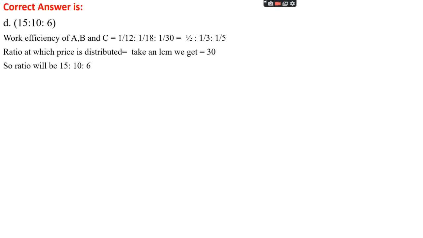The work efficiency of A, B, and C is always inverse as compared to the time taken. So 1 by 12, 1 by 18, 1 by 30, which is 1 by 2, 1 by 3, and 1 by 5 ratio. Because they are working together, we take the LCM as the total work, and taking the LCM we get 30.